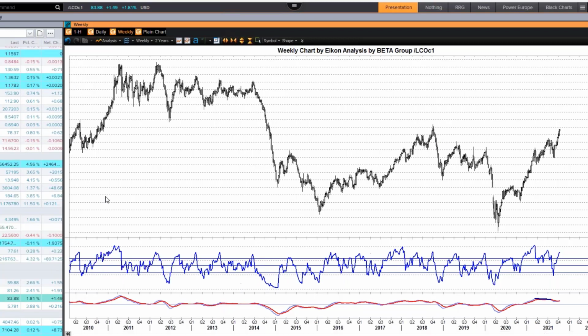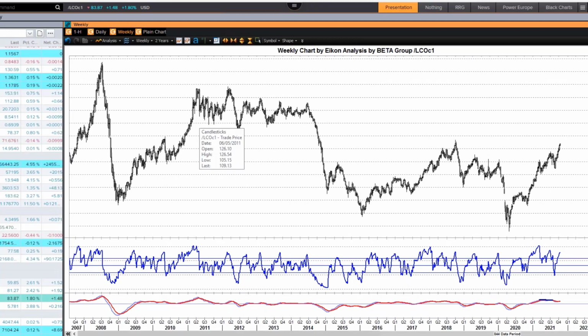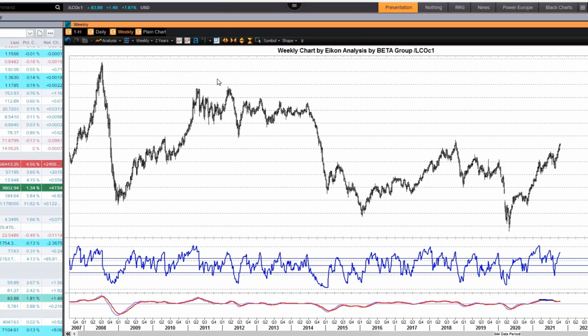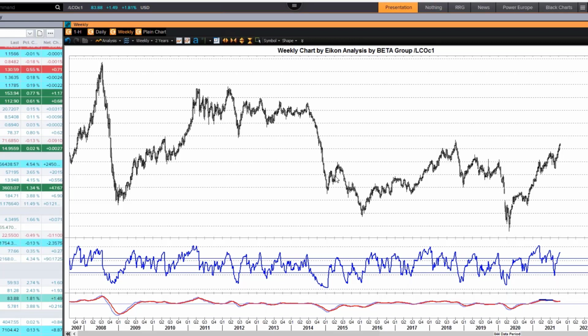But then we go back to this 4-year consolidation that we had in here. Crude oil was always at $110. It just churned and churned around there for 4 years, a low of around 95 and a high of about 125, but it was always the same price. So that created a massive amount of resistance.